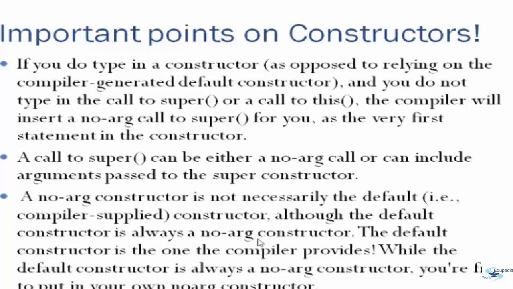The compiler provides the default constructor, which is actually a no argument constructor, but the no argument constructor that you create yourself by typing it in your class will not be a default constructor. Fine. So that's what this point is saying.